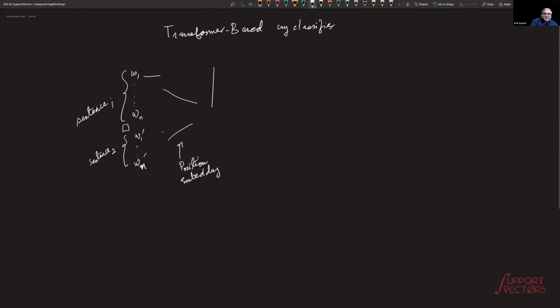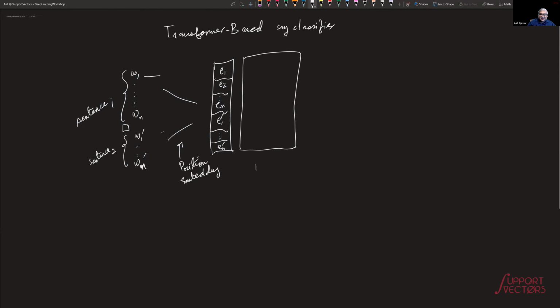And finally, you create these embeddings E1, E2, all the way to En, then E1 prime all the way to En prime. You have the embeddings, which themselves are learned as part of the transformer process, and this is all part of, for example, BERT.